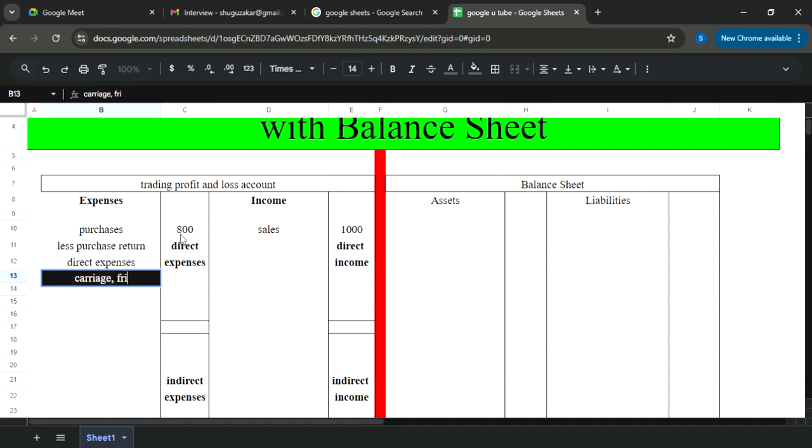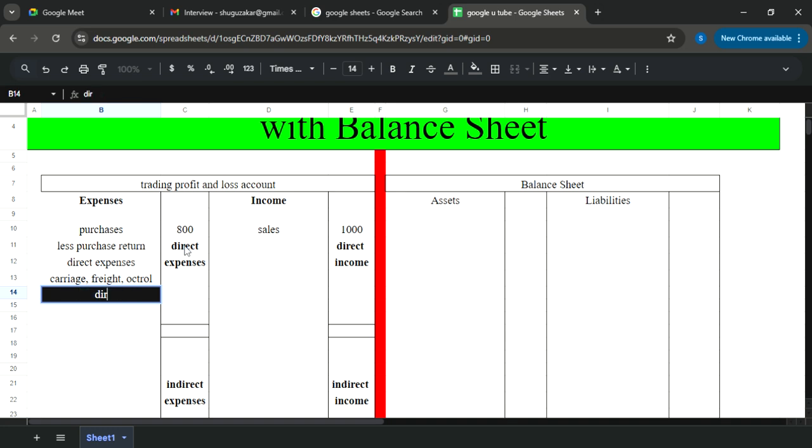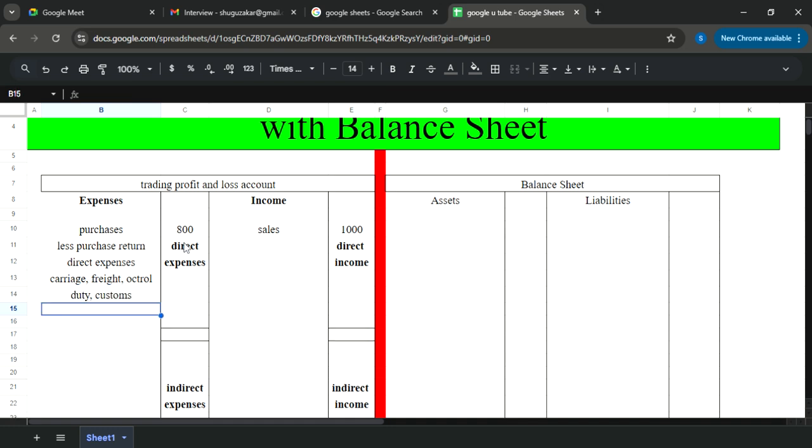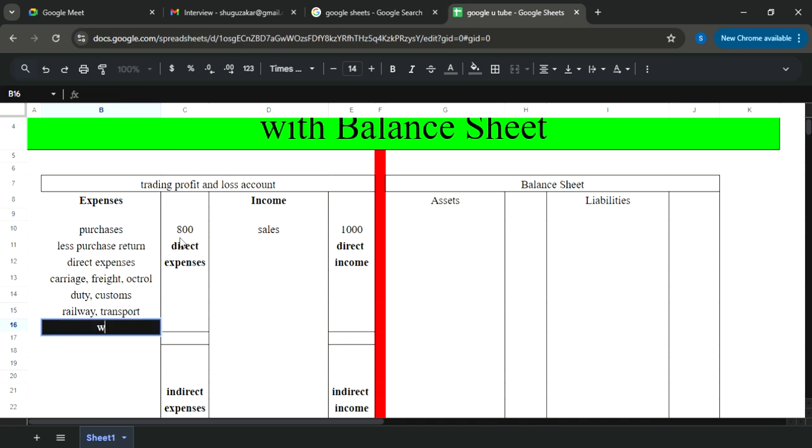Carriage, freight, octroi, duty, customs, railway, transport, wages.